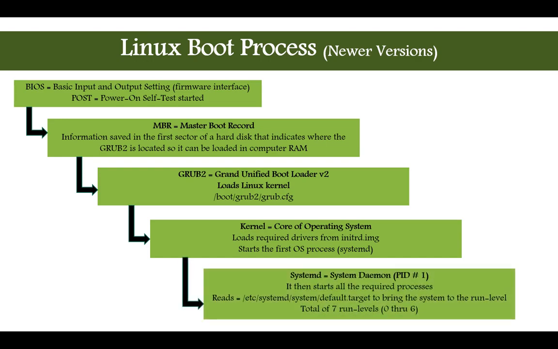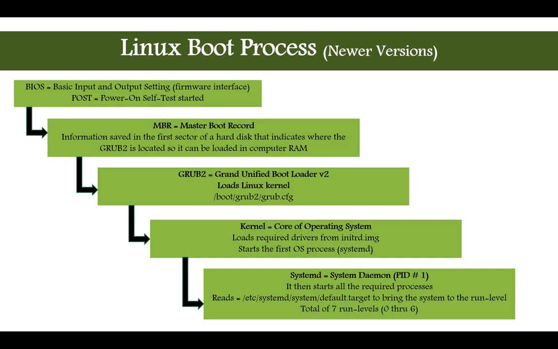The systemd starts up, and of course this is the first process in the system, and by default it is given a process ID of number 1. As other processes start, they get incremental process numbers. It then starts all the required processes that were enabled at boot time. Then it reads the /etc/systemd/system/default.target file to bring the system to the run level.